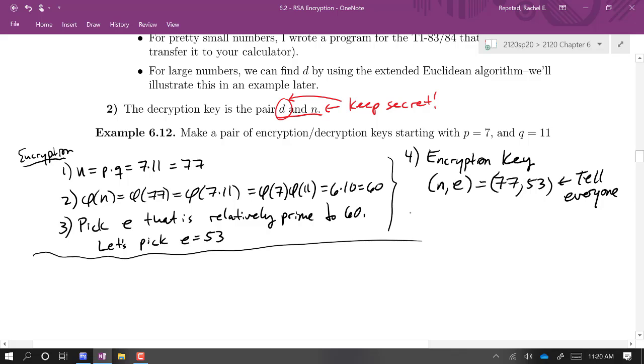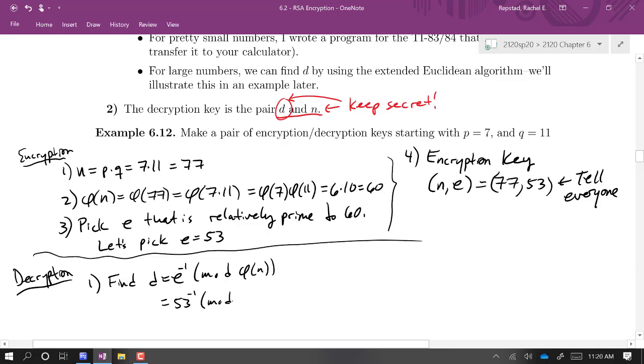Now for the decryption key. We're going to find the value of d, which is e inverse mod phi of n, or 53 inverse mod 60.